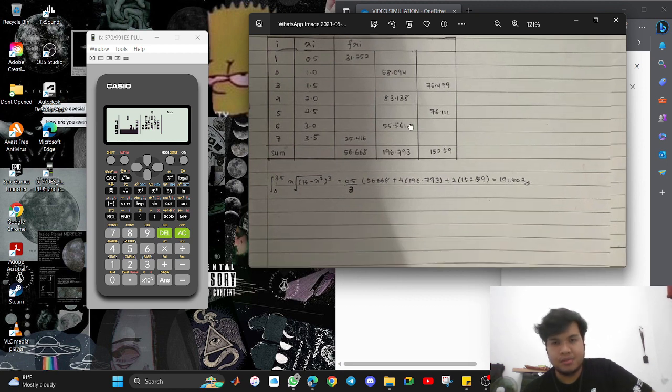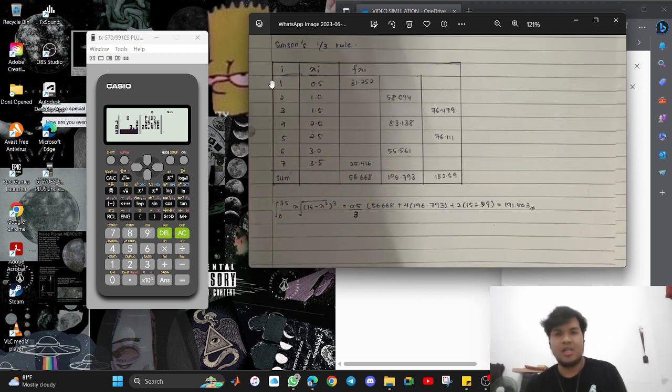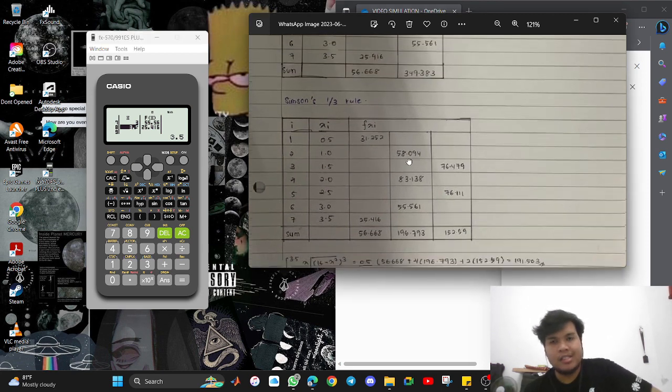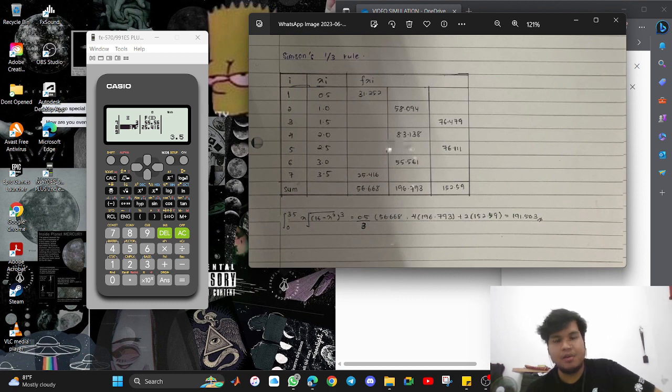So the next one will be the Simpson quarter rules. So the method I'm using for the calculation are the same. So for the Simpson quarter rules is quite slightly different from the trapezoidal. So for the first sum, you need to plus the first and last value.